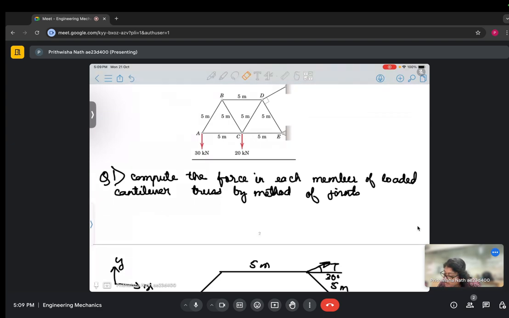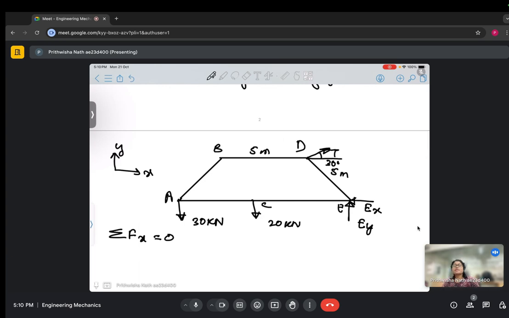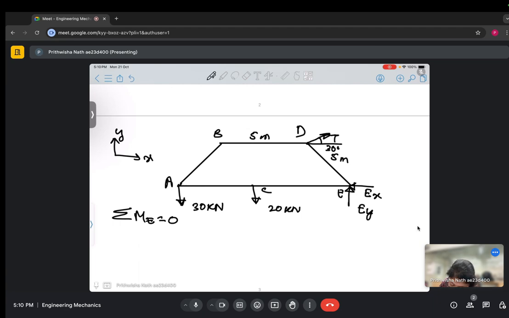So for that we will compute moment about the point E. So this is A, this is B, this is C, E and D. So first what we will do is compute the moment about the point E. So we can write 5T minus 20 into 5 minus 30 into 10 equal to 0.